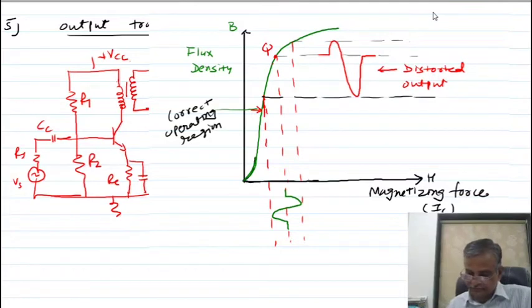Look here. Here the Q point is coming. This is the point when the AC signal is not applied.